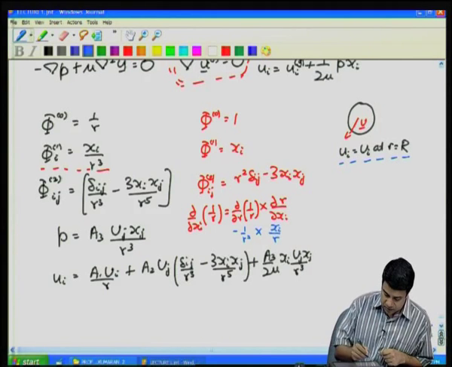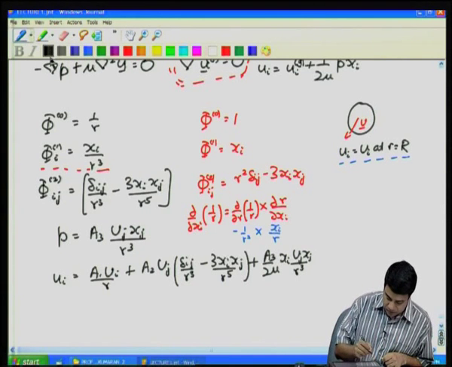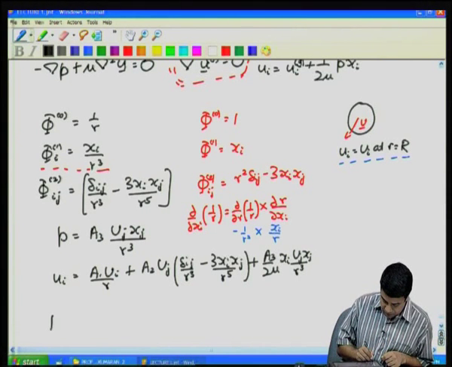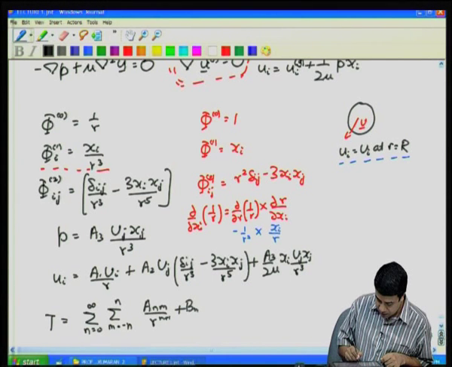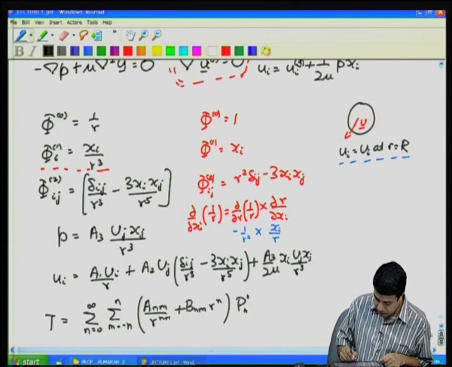If you recall, when we used separation of variables, we had obtained a solution of the form for the temperature field equal to summation n equal to 0 to infinity, summation m equal to minus n to plus n, a n m by r power n plus 1 plus b n m r power n, times P n m of cos theta e power i m phi.